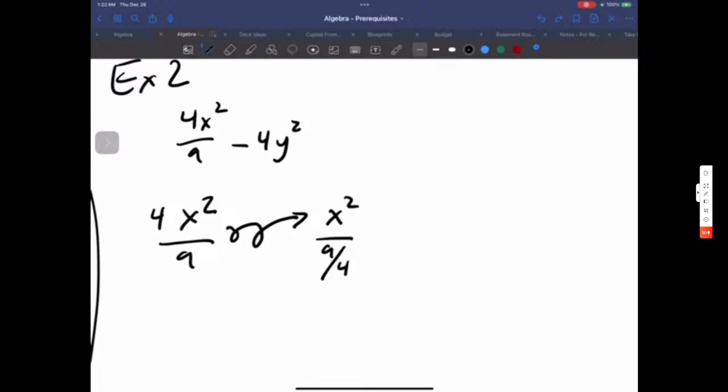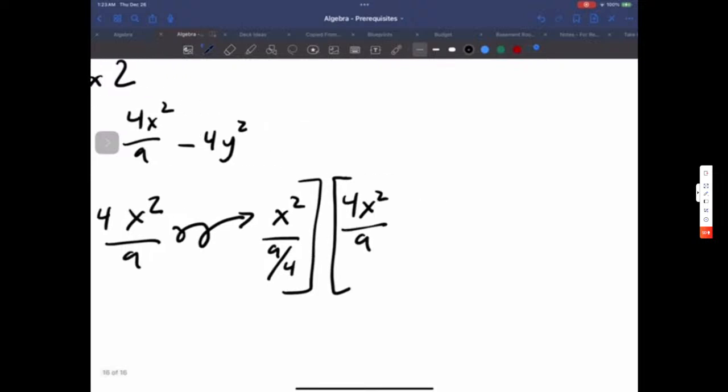Where's Mr. Incredible? Math is math. The other way to do this would be to think of x squared times 4 over 9. You would say, I'm going to multiply the top by 1 over 4 times 4x squared. Whatever I do to the top, I have to do to the bottom. So I have 1 over 4 times 9.